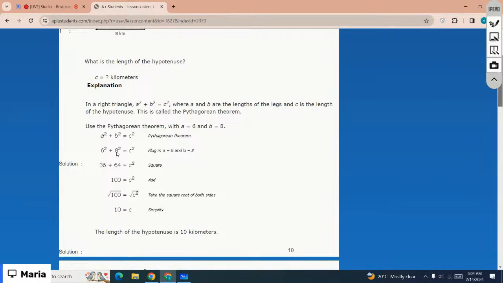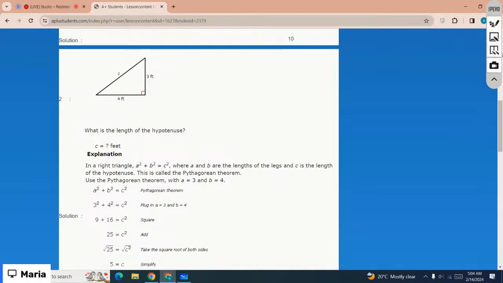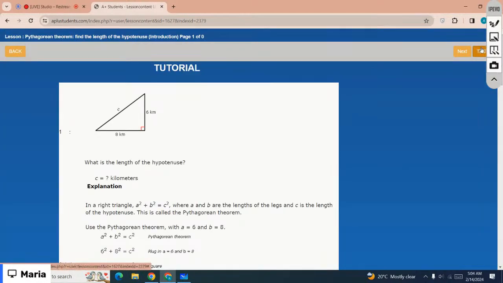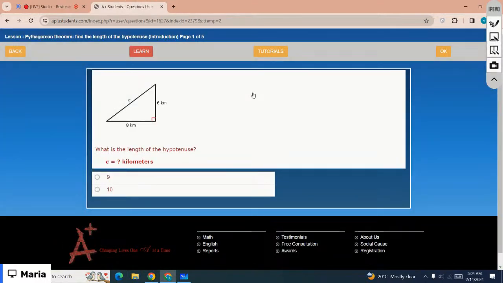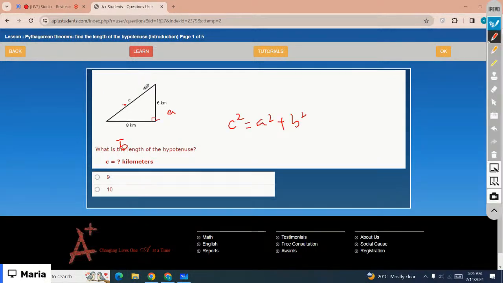Let's start with the test questions. That is exactly the same as what we just did in the tutorial. We need to calculate the side length c. We know that in the Pythagorean theorem, c square equals a square plus b square.